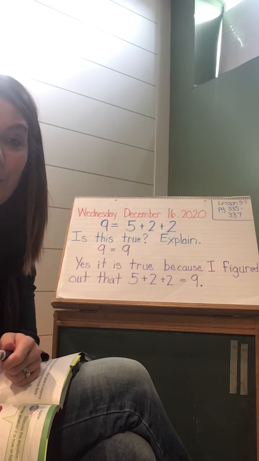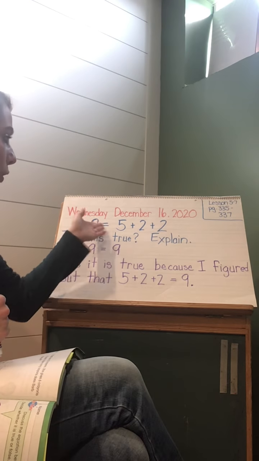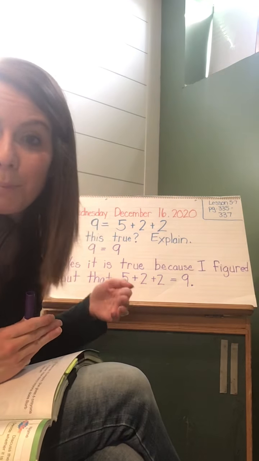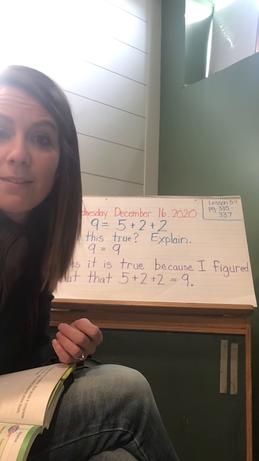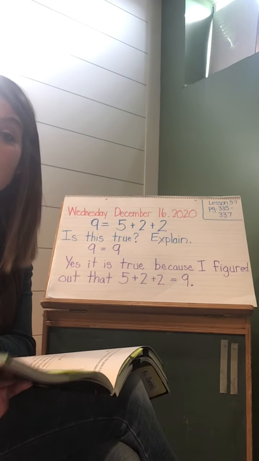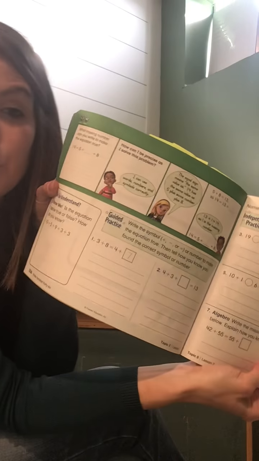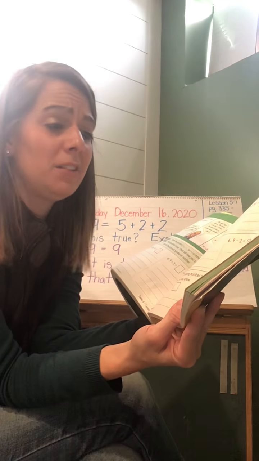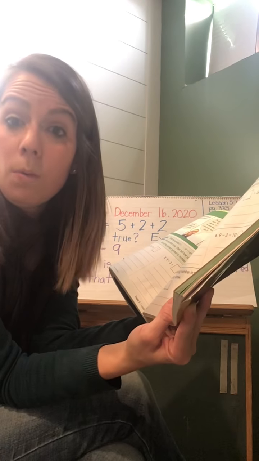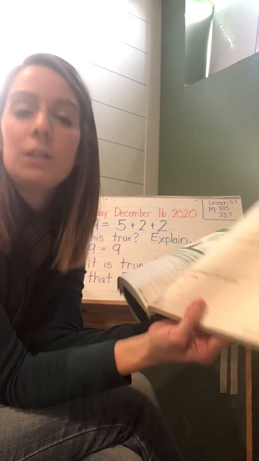Okay? Now, if you want to say it's true because I solved both sides, that would be good. Just make sure you explain, okay? Now, if you'll look in your book, there are lines for you to write your explanations on, okay? Make sure you write. I know some of you are like, oh my goodness, I'll do all the math all day, but I don't want to write. Please write yes or no because this reason.